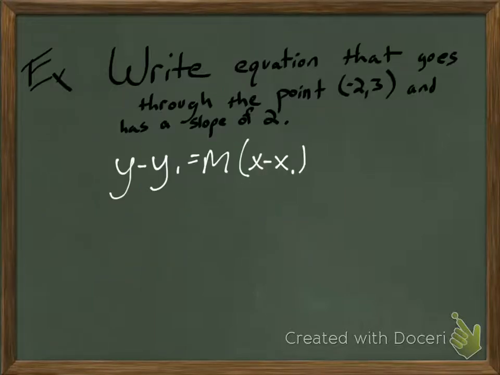Alright, so let's do this one. It says write an equation that goes through the point negative 2, 3, and has a slope of 2. Alright, so here's y equals mx plus b. Here's point slope form. Y minus y1 equals m times x minus x1. What you're going to do is plug in your slope, which is the 2.